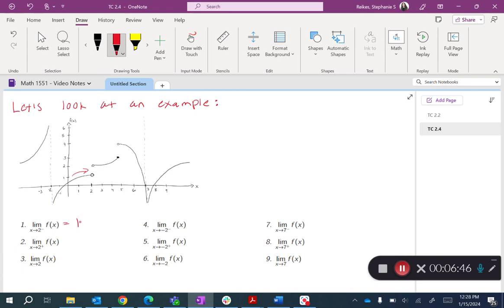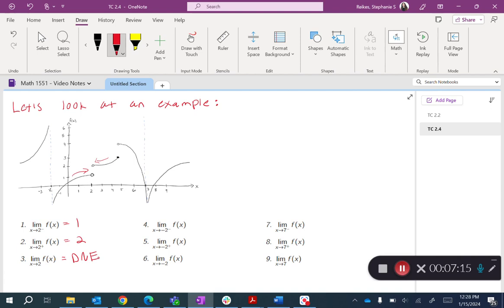However, when I approach 2 from the right-hand side, my function is approaching y value 2. Again, my left-hand limit is not equal to my right-hand limit, so I must say the limit at 2 does not exist.